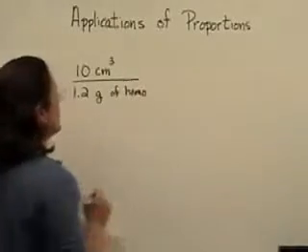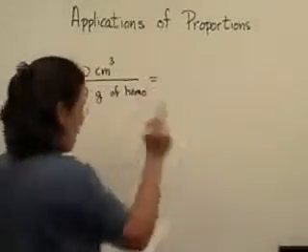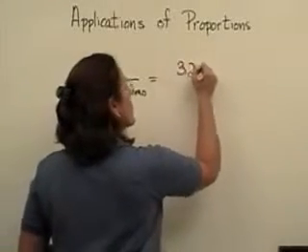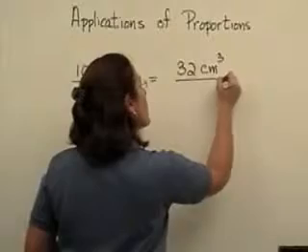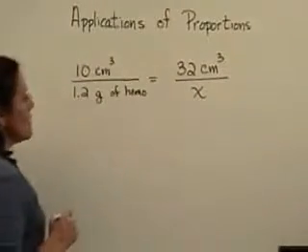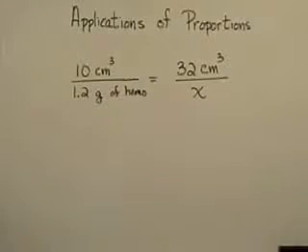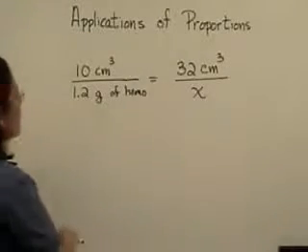I want to compare that to a specimen that's in size or volume 32 cubic centimeters. I want to find out how many grams of hemoglobin would be in that sample. A larger sample than the first one, so I expect it to go up.